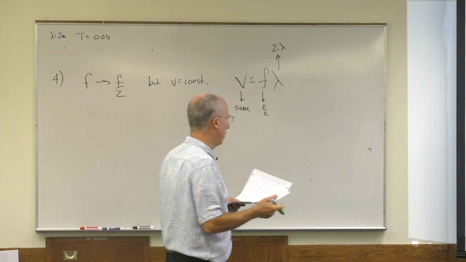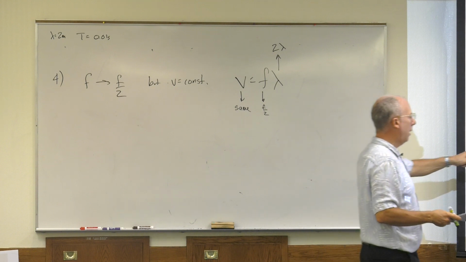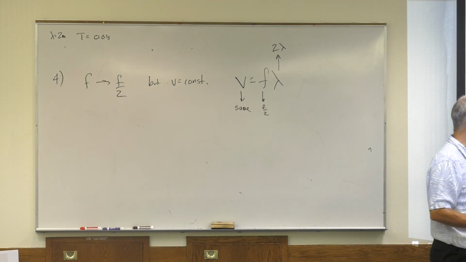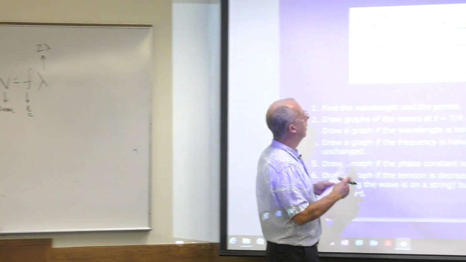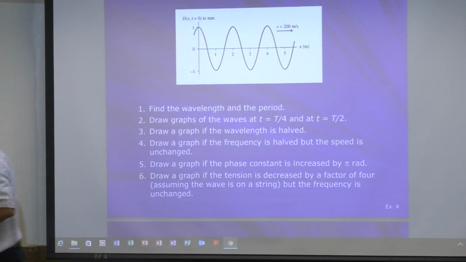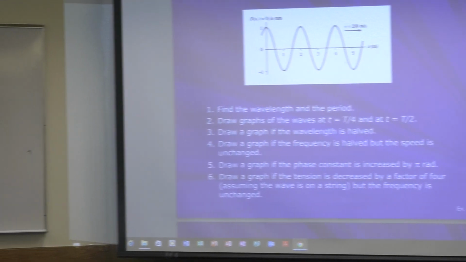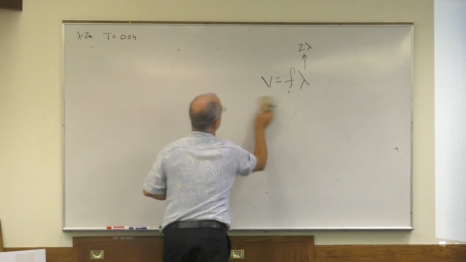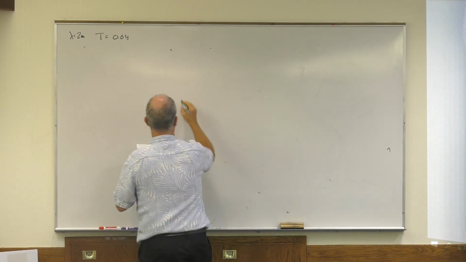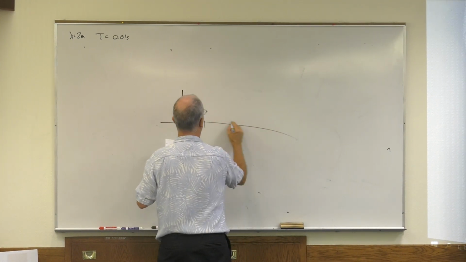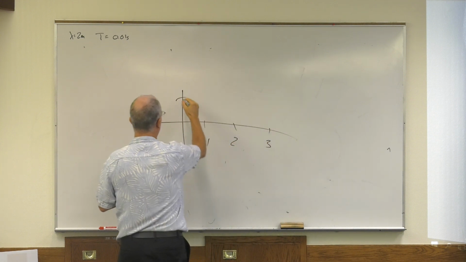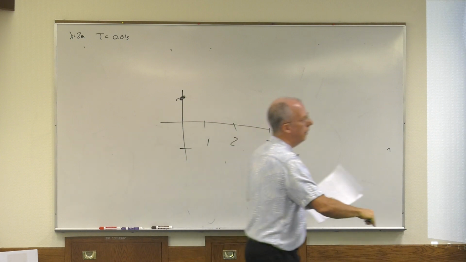Okay, so for number 3, we did the graph if the wavelength was halved. For number 4, we have to draw the graph if the wavelength is doubled. Okay, so that means that this is going to go to 2, this is going to go to 4. All right, so here you go. Okay, so we start out here.